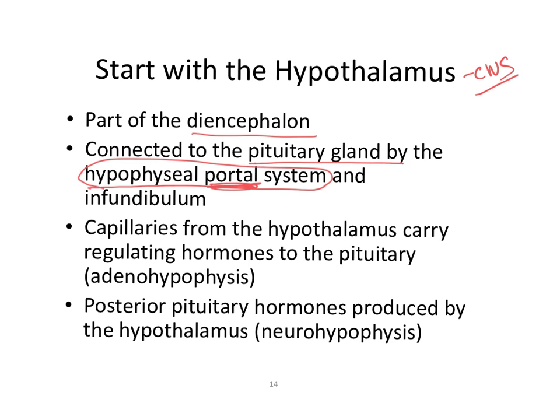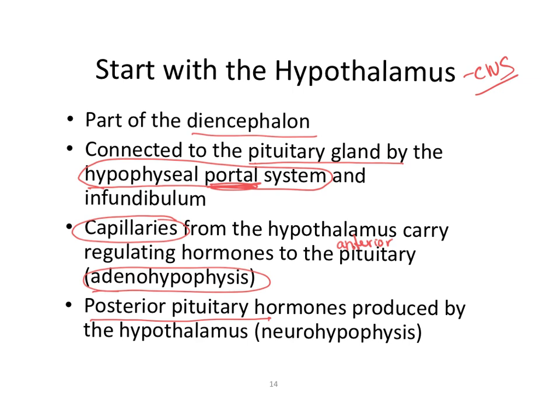Now, within the hypothalamus, we've got a set of capillaries that will talk to the anterior pituitary. That's your adenohypophysis here. Anterior pituitary. And we have hormones that are going to talk to your posterior pituitary.